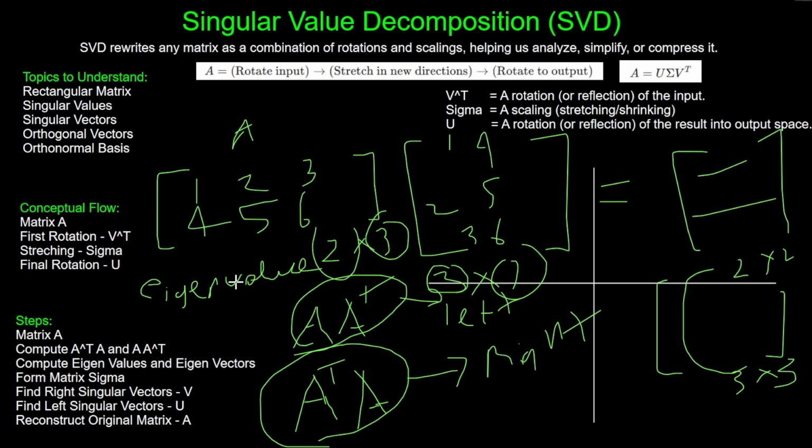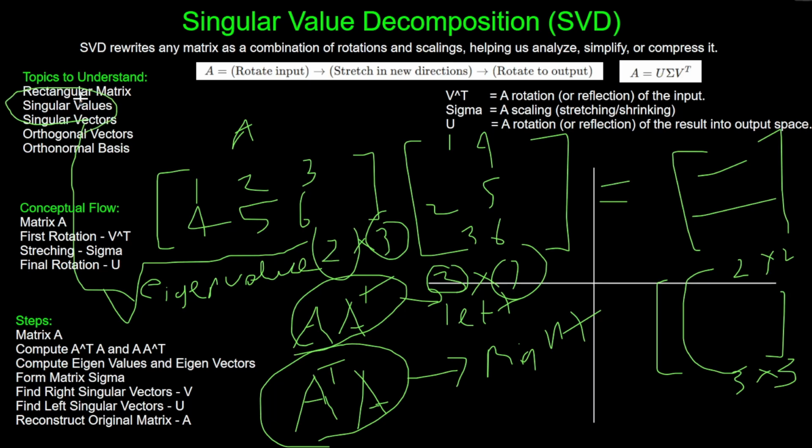The eigenvalues will be squared because we are multiplying the transformation matrix with its transpose, so they have a square effect. In order to get the actual value, like how they are stretched or moved along the axis, we need to take the square root of the eigenvalue so that we can get the actual magnitude of those effects. The square root of the eigenvalue is what we refer to as singular values.